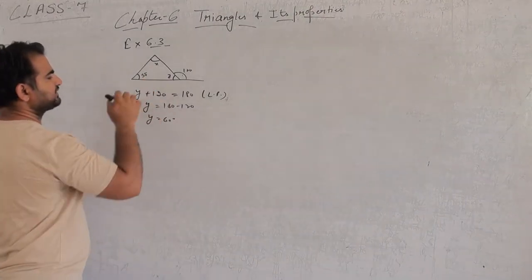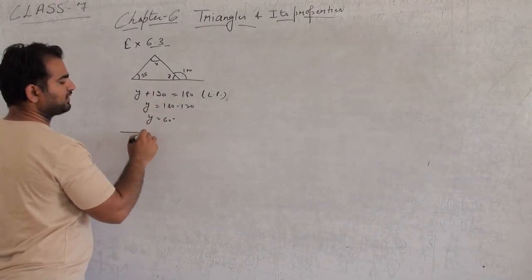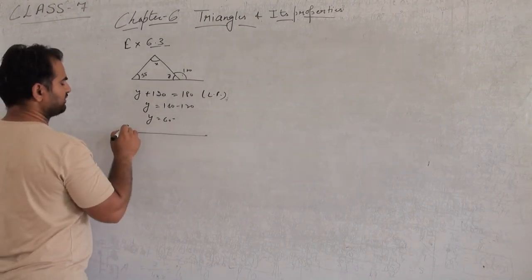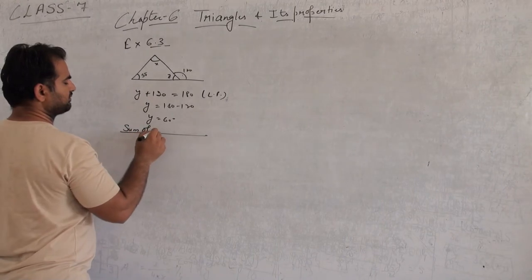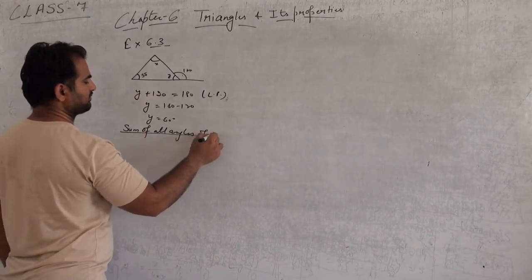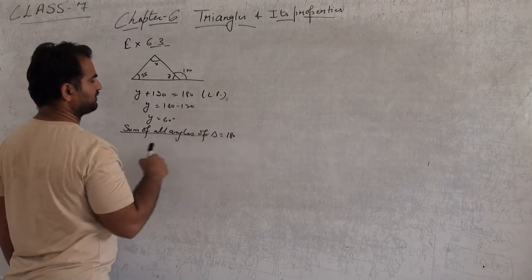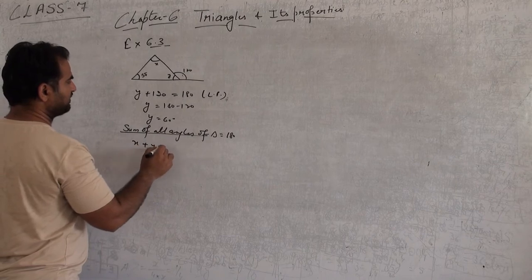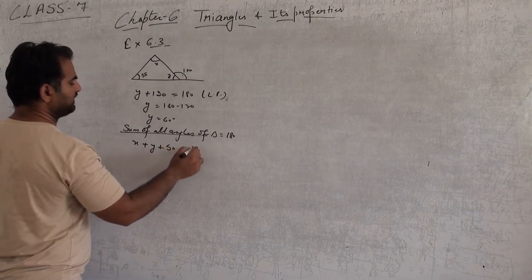If y is equal to 60 degree, then sum of all angles of a triangle equals to 180. So x plus y plus 50 equals 180.